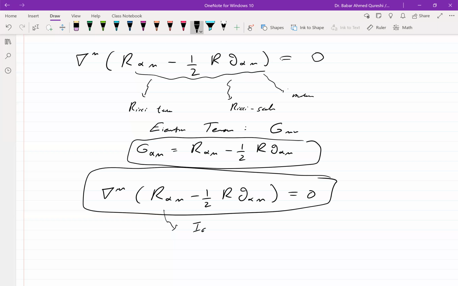This is an identity, because it holds for all spaces. And actually, it turns out that this is like the left-hand side of the Einstein equations, but that we will discuss later. So let's stop here and let's meet tomorrow.